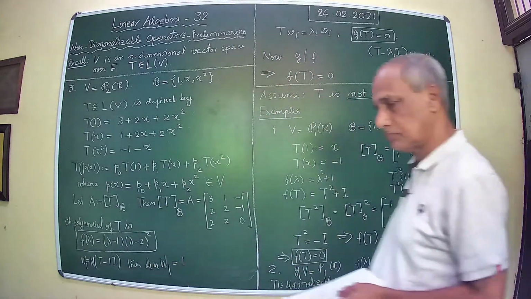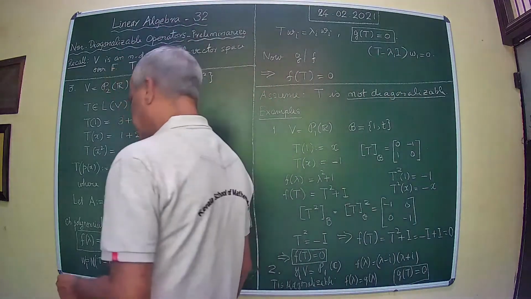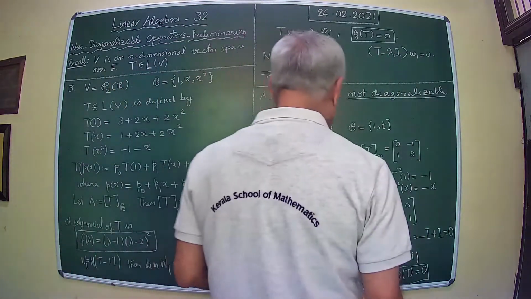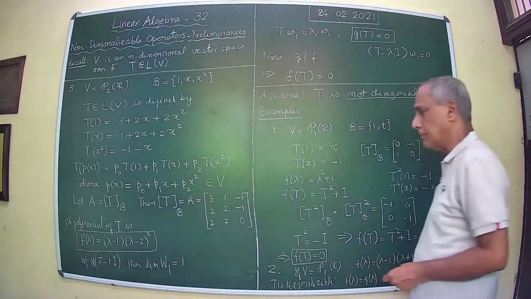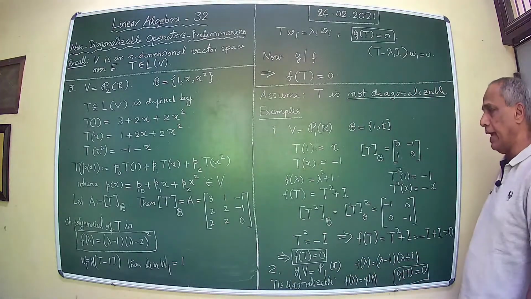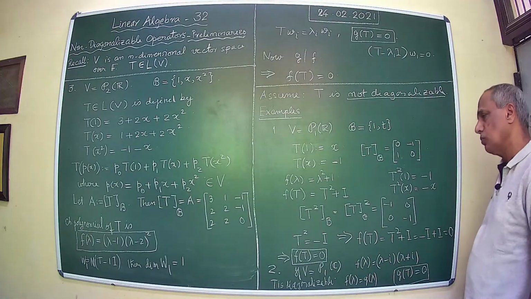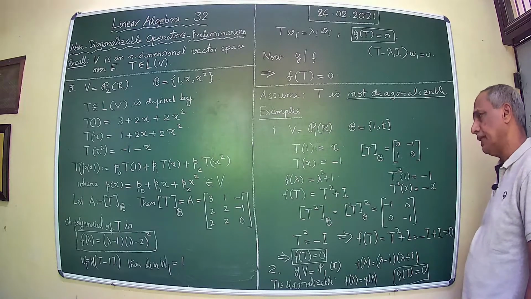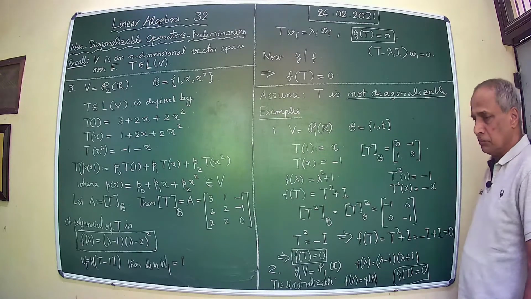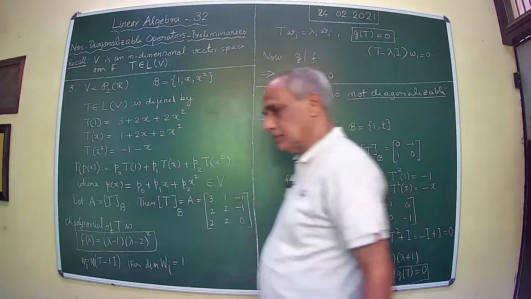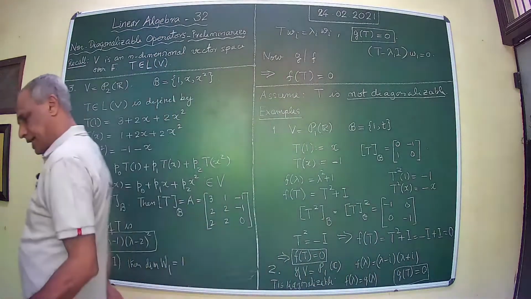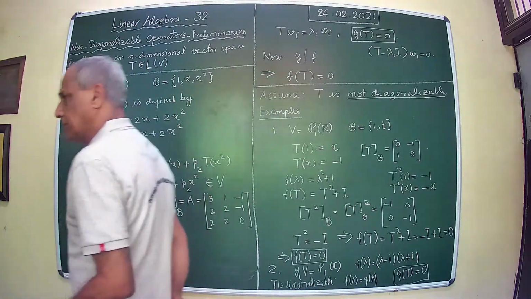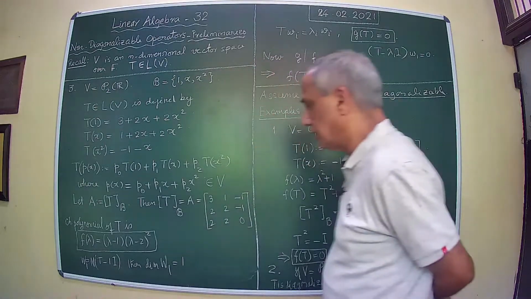Okay. It's clear. Because you can show that if you take T minus lambda I, or A minus 1I, and look at the rank of that, the rank of that is going to be 2. Therefore, the nullity of that is equal to 1.